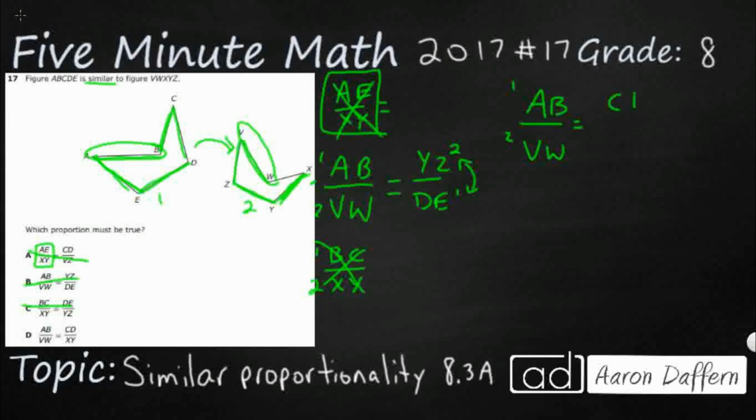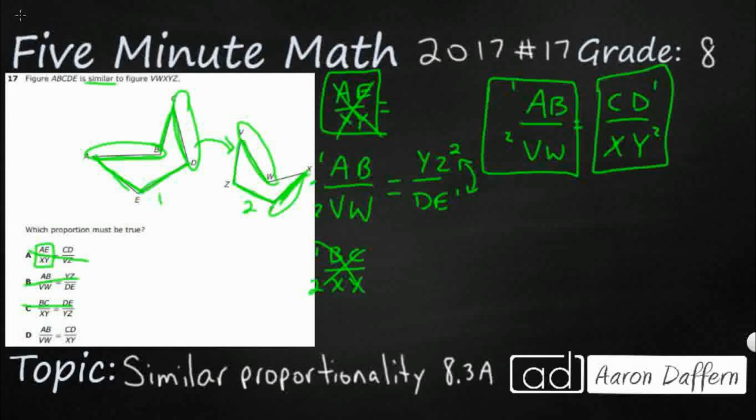Okay, so we are within the first shape. So if this is CD, that means I'm going to need this XY down here, because that's the corresponding side on the second one, and that's exactly what I have. So we have first to the second in each of these fractions, numerator and denominator, and they match across, so that is going to be our answer, D.